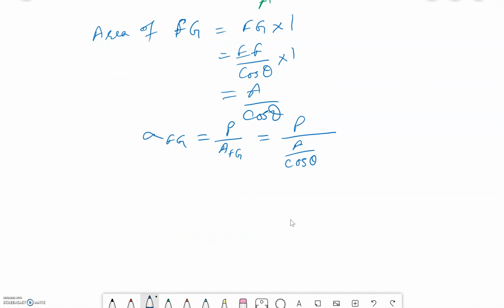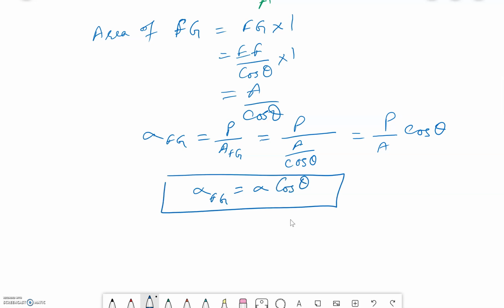Solving further, we get P by A cos theta. P by A, again from equation 1, becomes sigma cos theta. This is your equation 2. Mind you, the ones that we are putting in the boxes can be considered as formulae that are useful for us in our numerical methods. So let's keep recording that.